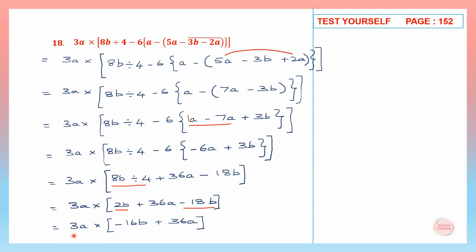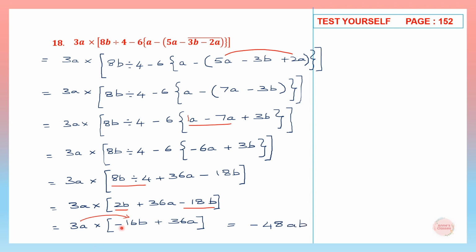So now we have to multiply 3a into each term inside. So 3a into minus 16b and 3a into plus 36a. So first let's multiply this, 3a into minus 16b. So that will be equal to, now first the sign is minus, now multiply the numbers 3 into 16. 16 3s are 48, and a into b is ab.